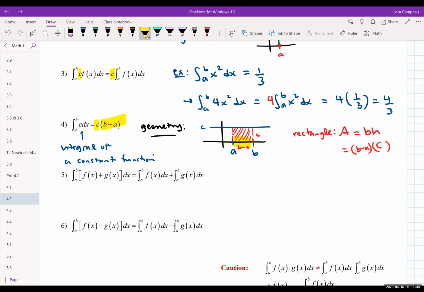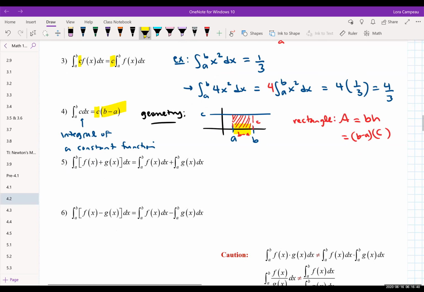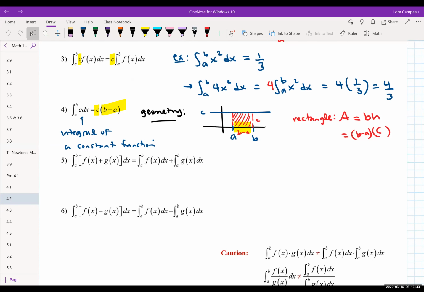Also, just like limit and derivative rules, the integral of a sum is equal to the sum of the separate integrals.